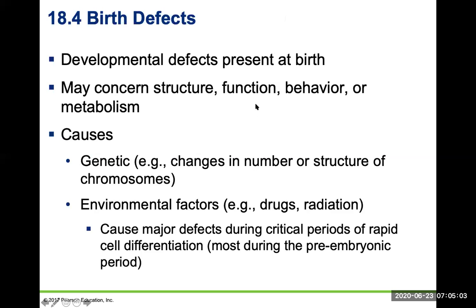Developmental defects at birth may concern structure, function, behavior, or metabolism. They can be caused by genetic factors or environmental factors such as drugs and radiation. Most major defects occur during the critical periods of rapid cell differentiation, mostly during the pre-embryonic period.